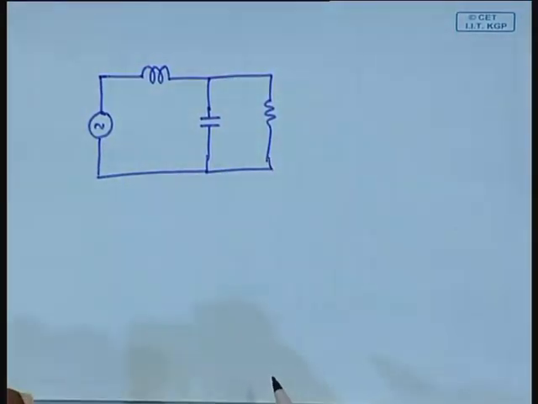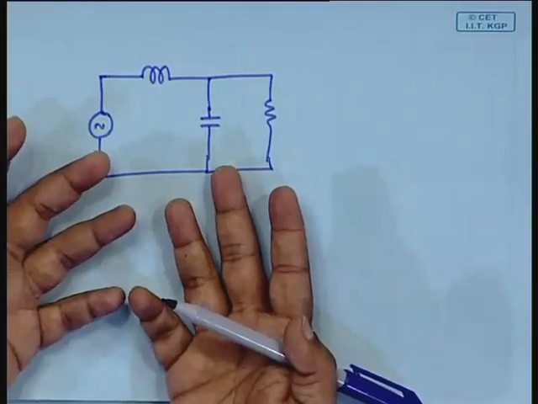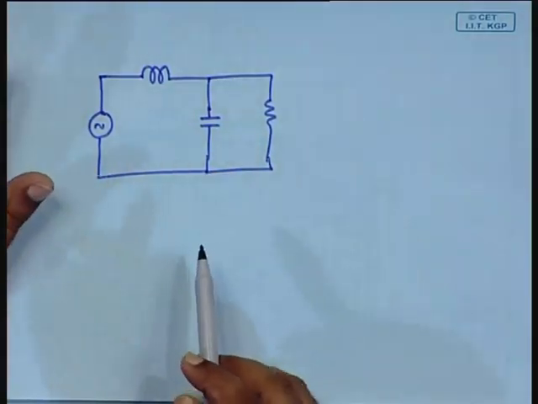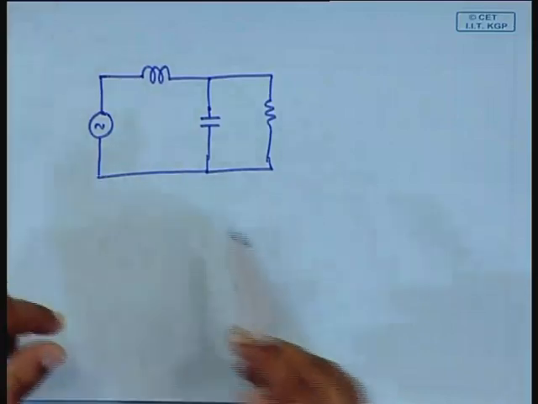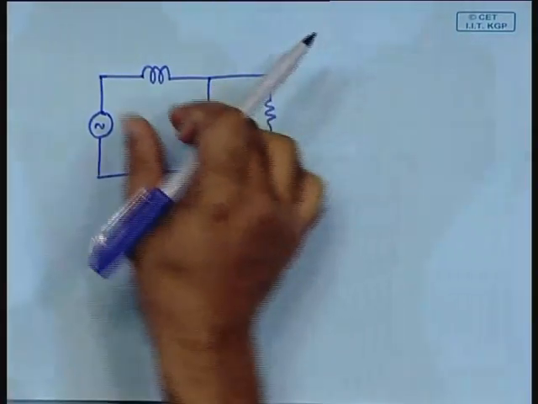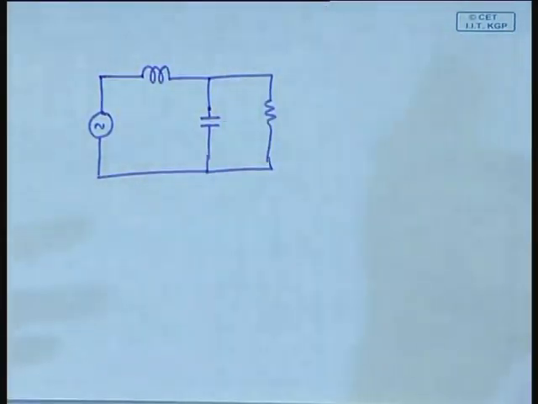How will you do it? There are hundreds of ways of doing it. It is very trivial, but ultimately you will apply Kirchhoff's laws, and you will find that you either obtain it in terms of the capacitor voltage or the inductor current. If you obtain it in terms of the capacitor voltage, it comes in this form.